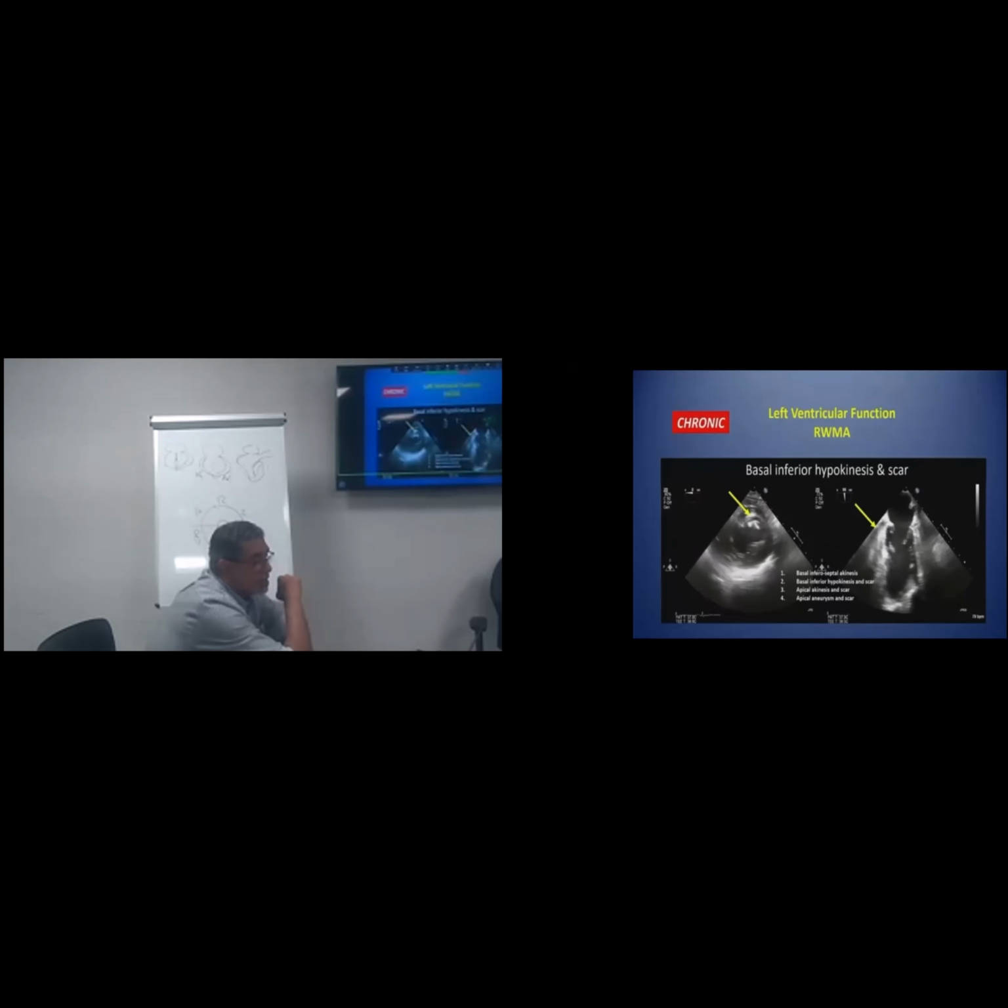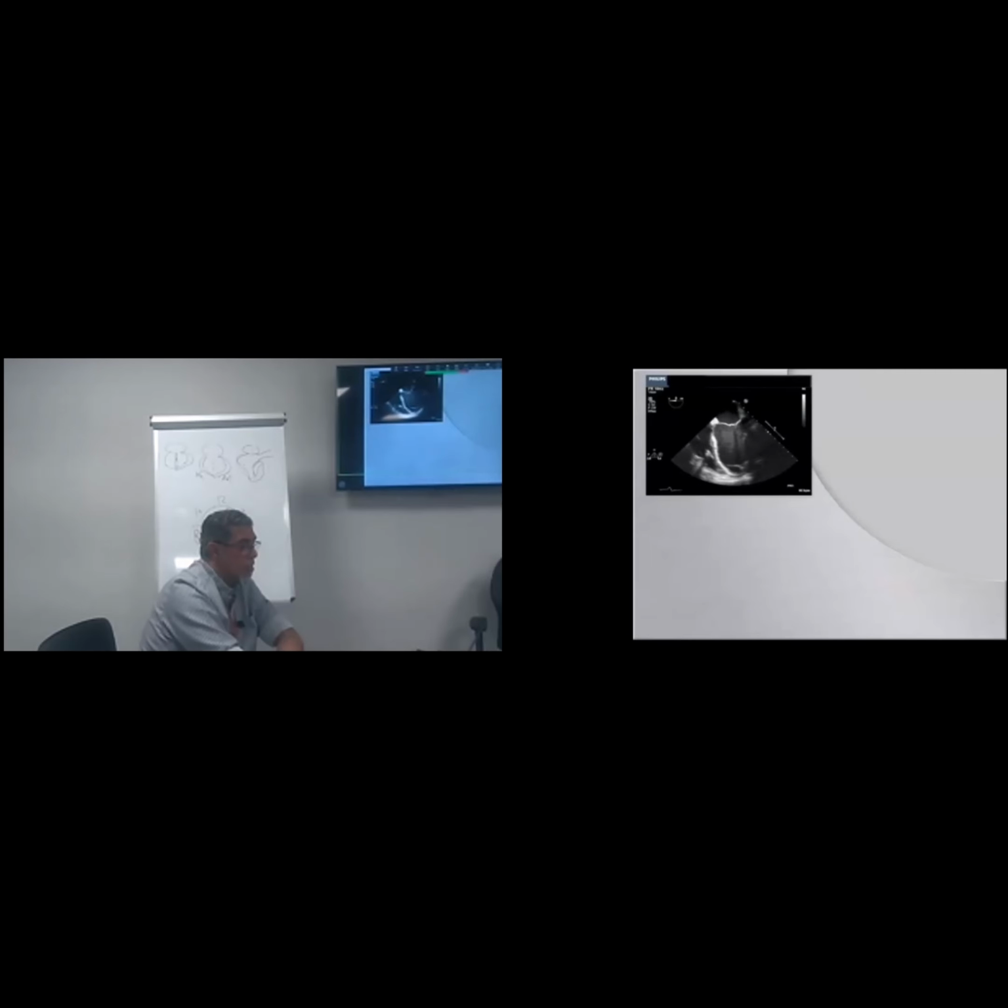It shows scar in the inferior area, the basal inferior area. Look with me. Very clear here.